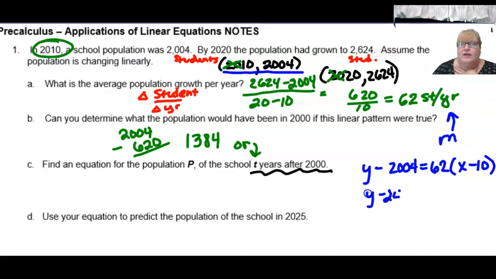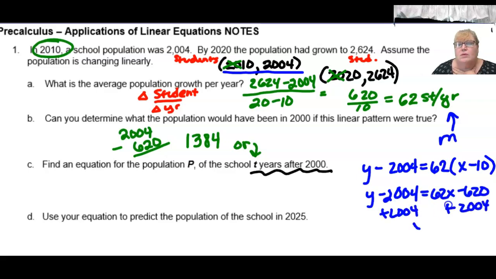So if we simplify that down a little, we'd get y equals 62x plus 1384, if I could write neatly.